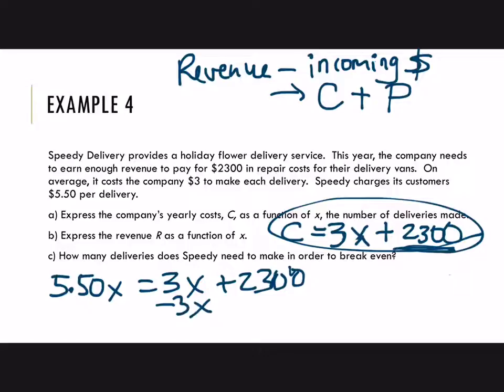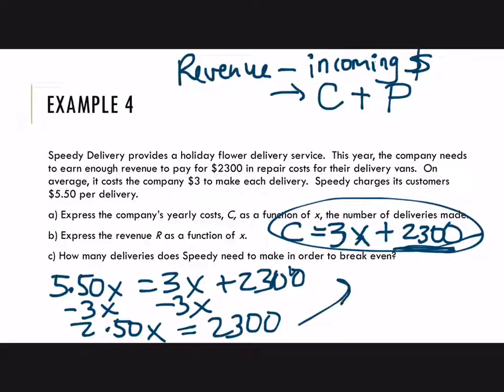I'll subtract 3x from both sides, combining like terms, so that's 2.50x equals 2,300. Then I need to divide both sides by 2.50 to get x by itself. So 2,300 divided by 2.5 is 920.